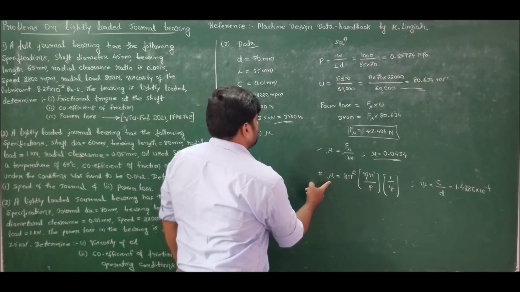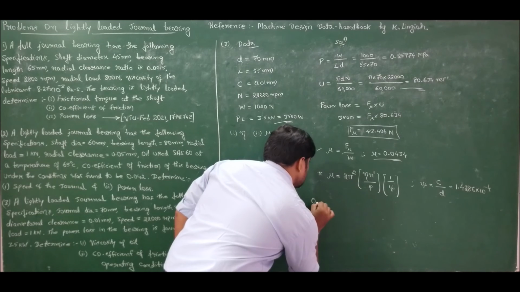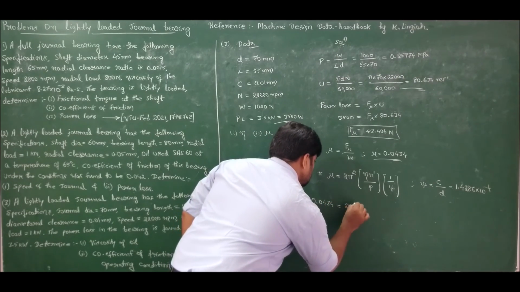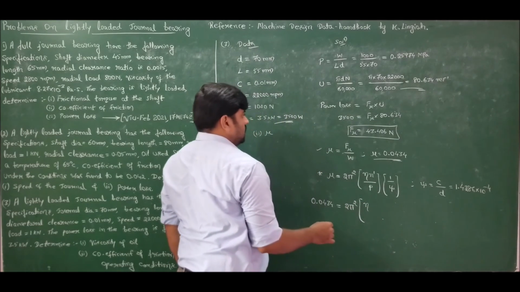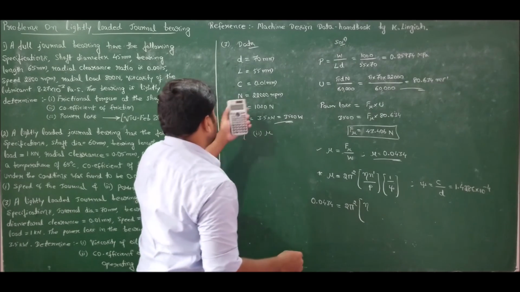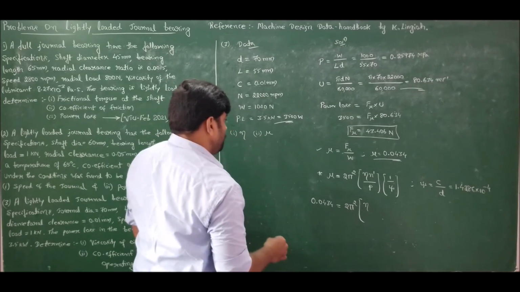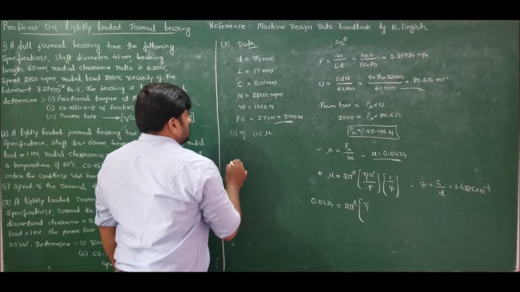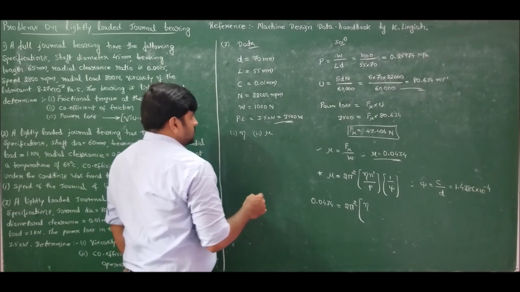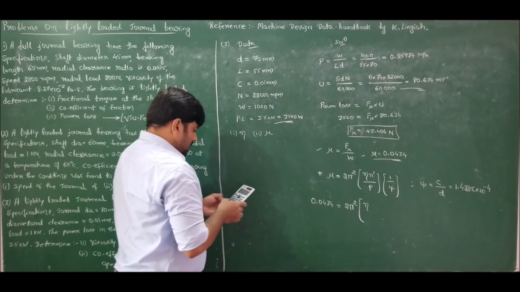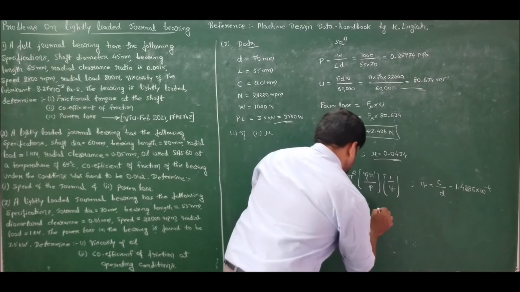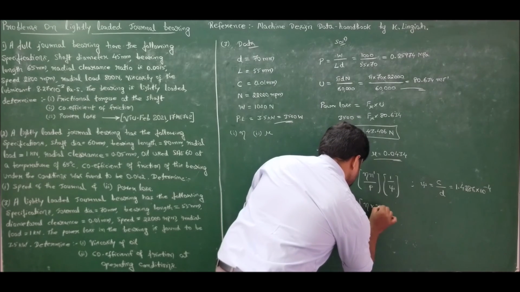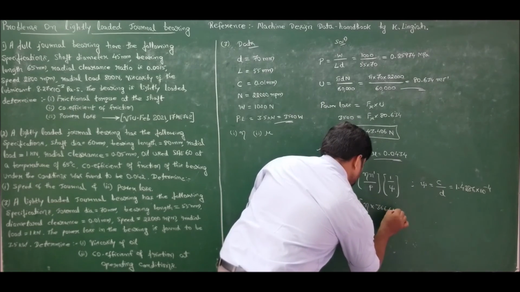So mu is 0.0434. This must be equal to 2 pi square, eta is unknown. How much is n dash? N is 22,000. Therefore n dash will be n by 60, that is 22,000 divided by 60, which is 366.667.